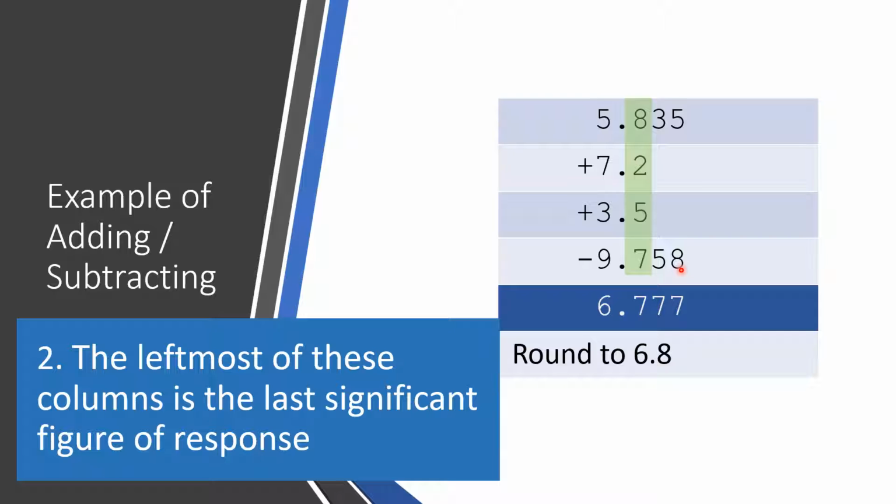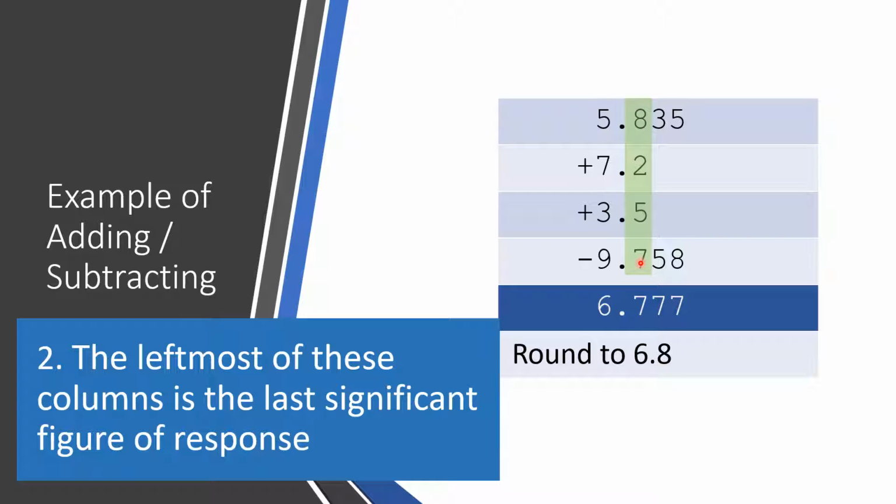What we're going to do is grab the leftmost of those values. Essentially, it's the precision that's common to all these values, or at least the number to the right that's common to all four of those numbers.